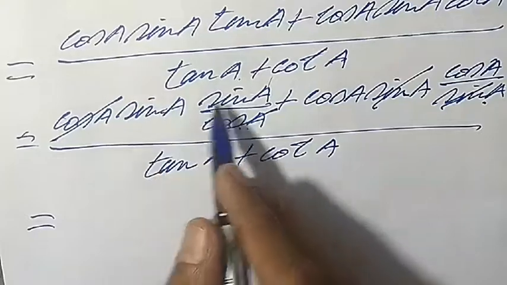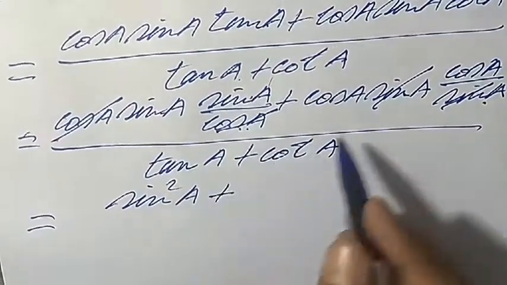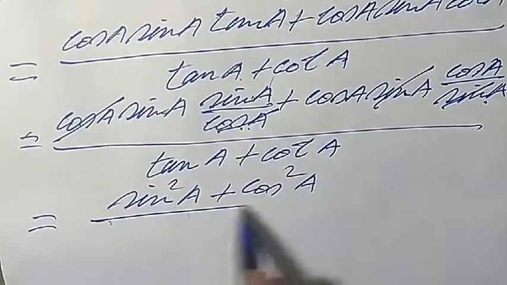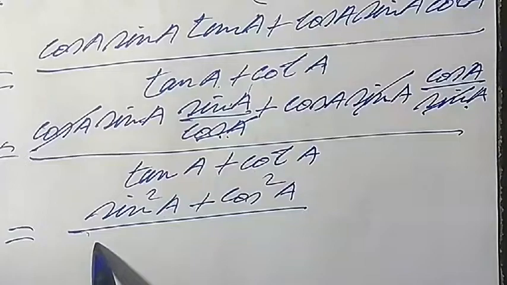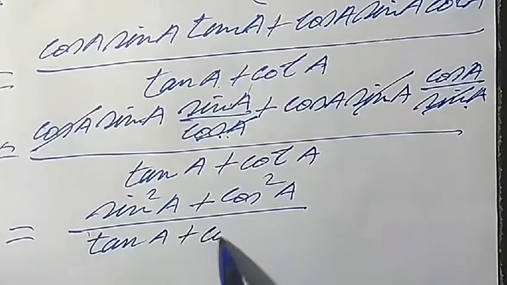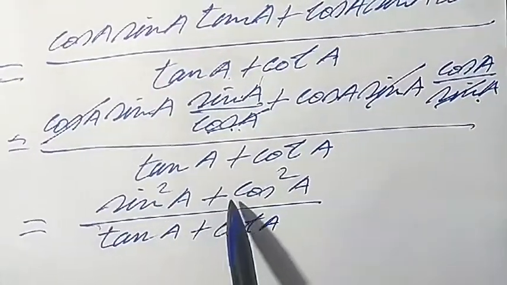So we have sin A into sin A, sin square A, plus cos into cos, cos square A, upon tan A plus cot A. As we know well, sin square theta plus cos square theta is 1.